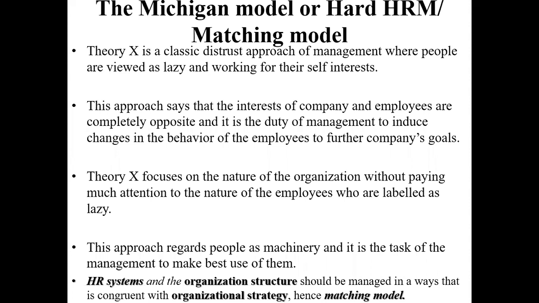And these two models are what we call the Michigan model and the Harvard model. So I'm going to begin with the Michigan model because it was the initial thesis that was put forth to explain how employees can be managed to get the best out of them in an organizational setting. Thereafter, we will switch to the Harvard model or the soft HRM.